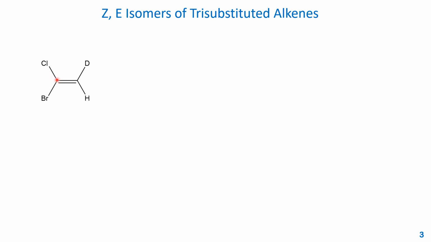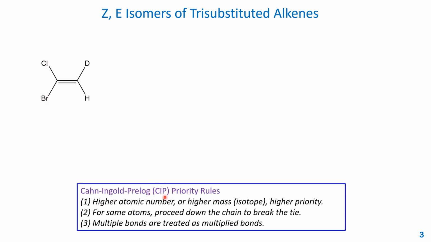For example, this vinylic carbon has two different groups, chloro and bromo, and you have to use the CIP priority rule. Okay, we talk about this in another mini lecture; this CIP rule is used to assign R or S, the absolute configuration of an asymmetric center. Same rule. Okay, since bromo has a higher atomic number than chlorine, this bromo is higher priority.